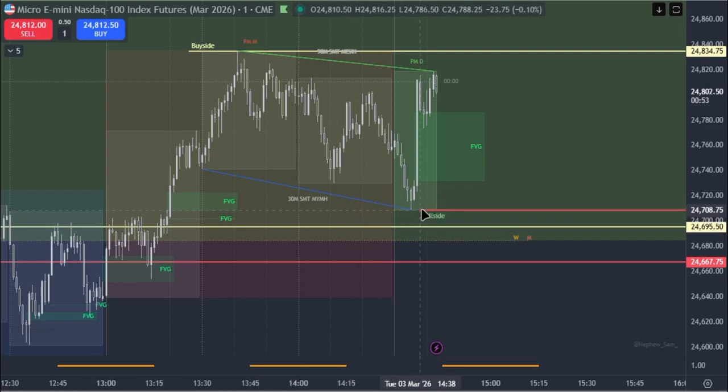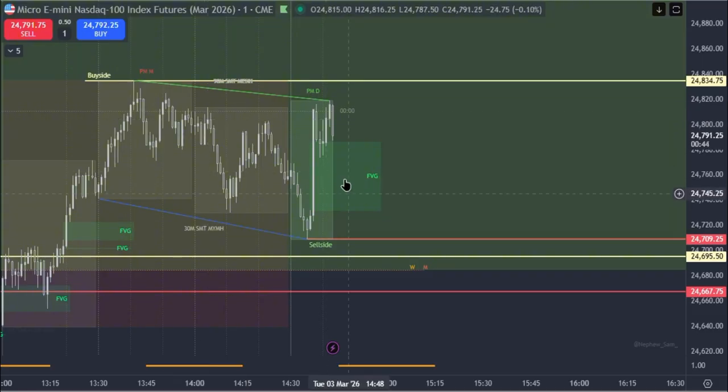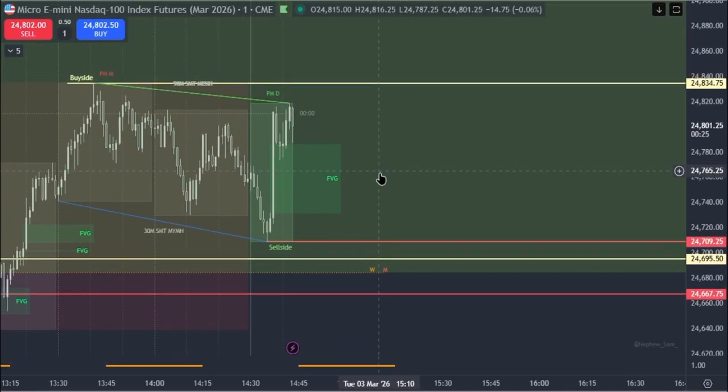These are your time cycles. So here, during this time of interest, this high was already swept by the Dow Jones and by ES. So let's see what happens.